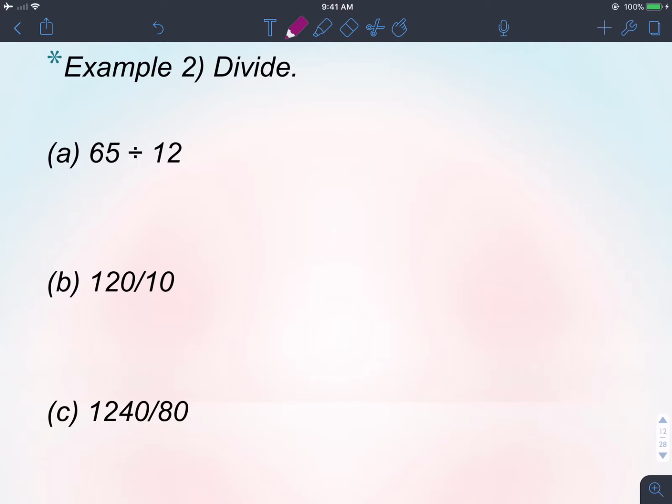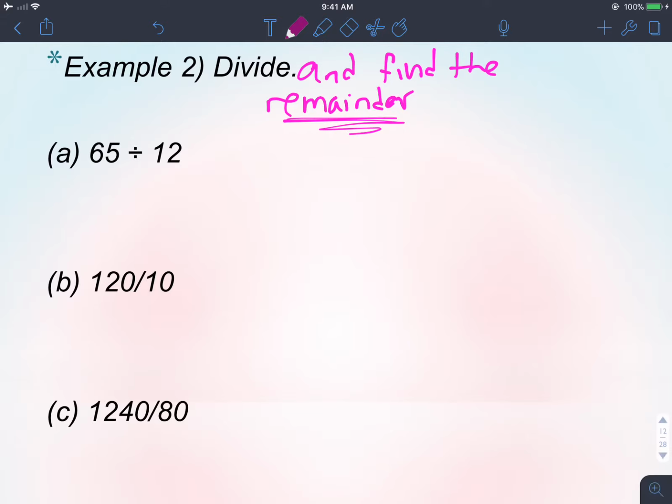All right. Here's where, when you get to these problems, the calculator might not always help you. Because if I tell you, or the computer is asking, divide and find the remainder, think of the remainder as what's left over.